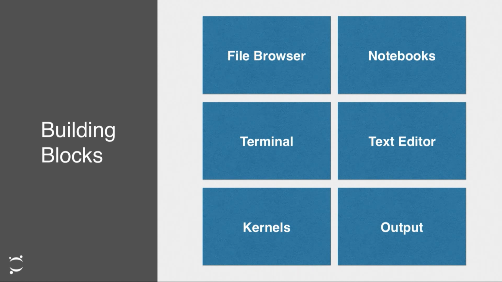We identified at least 6 building blocks necessary in your work, and the notebook was just one of them. So the file browser, the terminal, the text editor, the kernels, which are the part of the architecture responsible for executing the code, and also this output area, the place where you visualize the results of your computation.